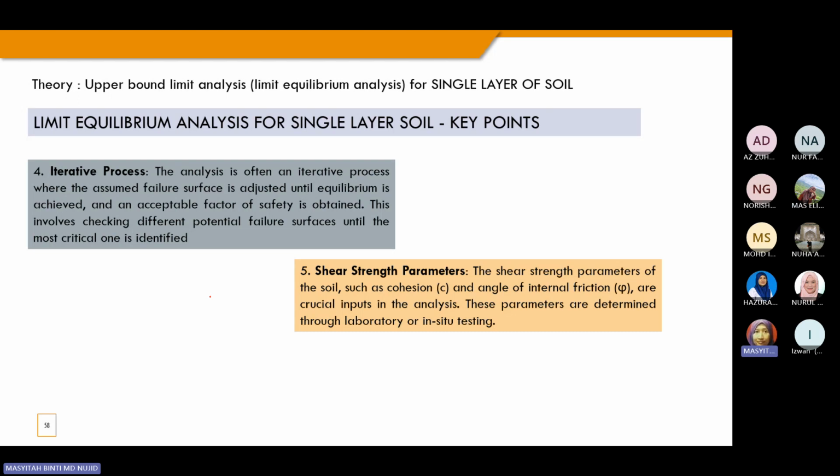Okay, I think we end here. Thank you for your commitment, giving your time to attend this online lecture. I don't know how much you understand, but once you can submit the report, I hope you understand, because anyway you will refer back here. We want to see the process flow for forensic investigation.